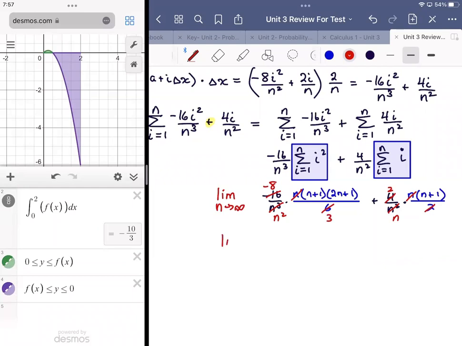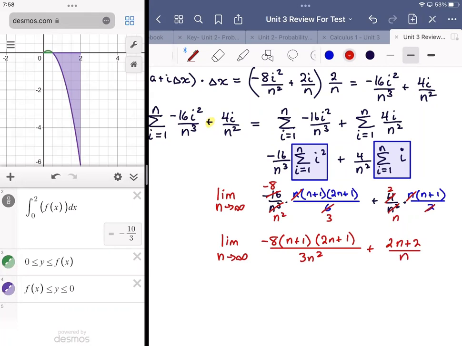So you'd have the limit as n approaches infinity of negative 8 times n plus 1 times 2n plus 1 over 3n squared plus 2n plus 1. So really, I could just distribute it: 2n plus 2 over n.